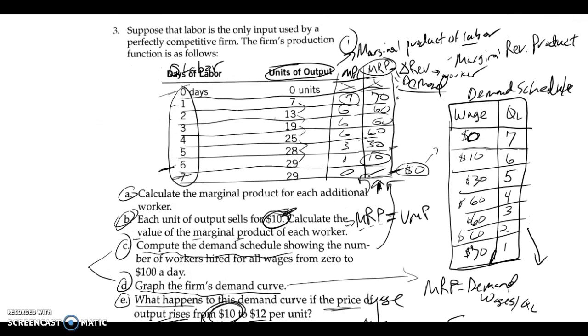The way we would actually calculate it, and it doesn't ask us to do all this, is that instead of taking each one of these times 10 like we did before to figure out the value of the marginal worker, we would take each one times 12. So 7 times 12 would be 84. 6 times 12 would be 72. 3 times 12 would be 36.